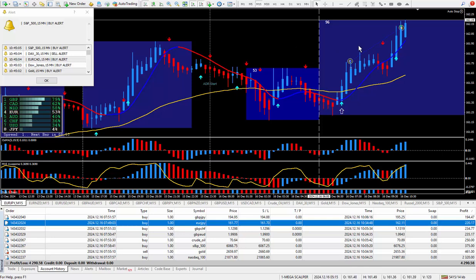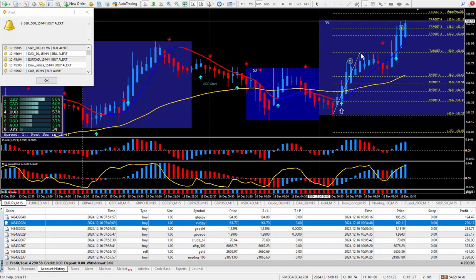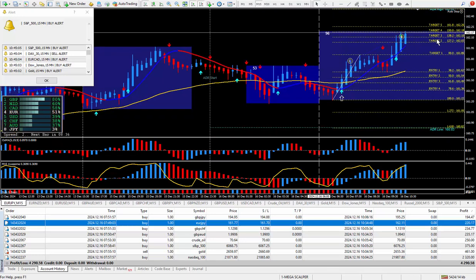Can show you that fib tool again, either from here to here, wait for the pullback, or I could have waited for this pullback right here, so you would just throw a fib on it, swing low, swing high, there's your pullback to entry 1, and it's still working its way up, but it did hit target 4.